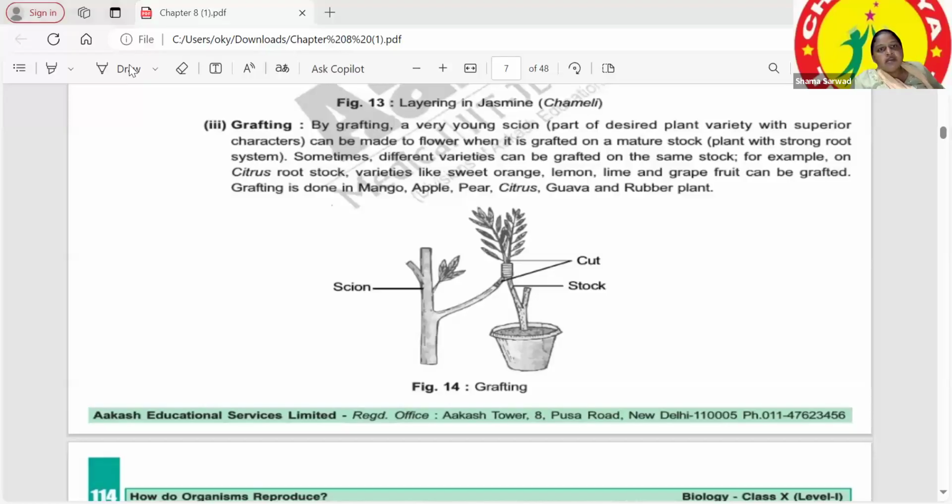Are you writing grafting or are you done with this? Done, just the diagram. So take a snap of it and draw it as per your convenience, as I told you. Okay, ma'am.